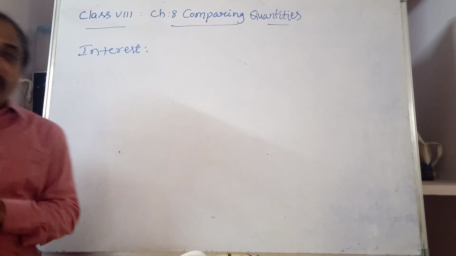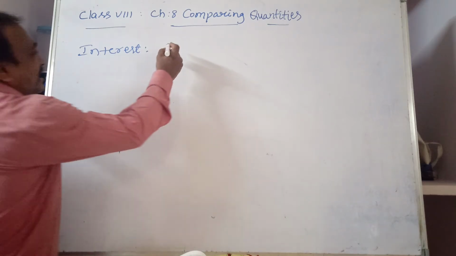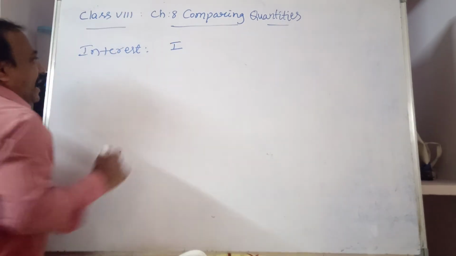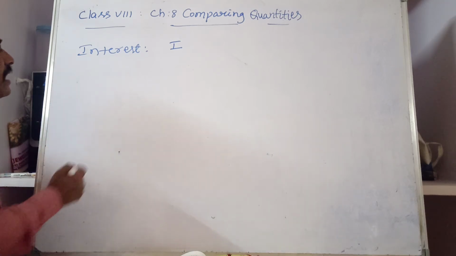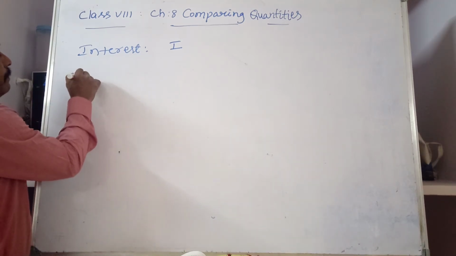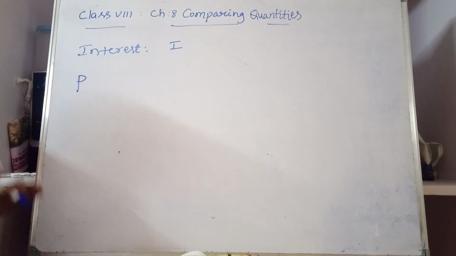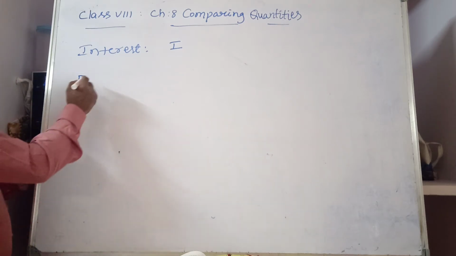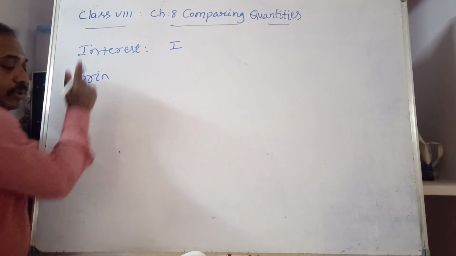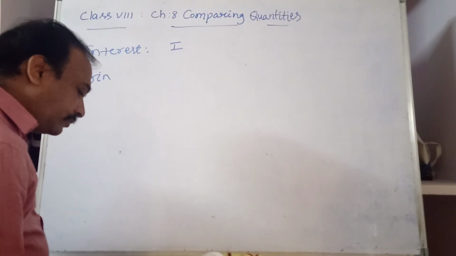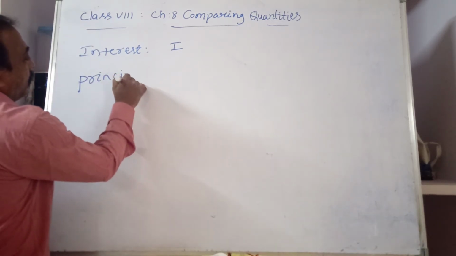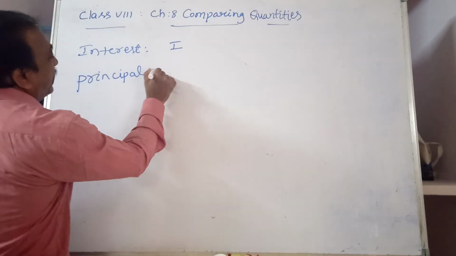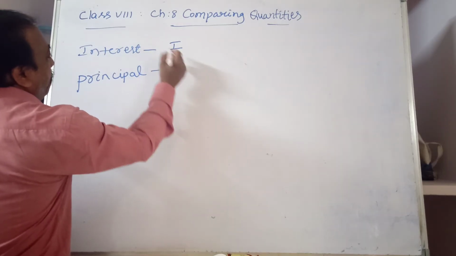Interest is denoted by I. Then the amount you deposit or borrow is called the principal amount, which is denoted by P.